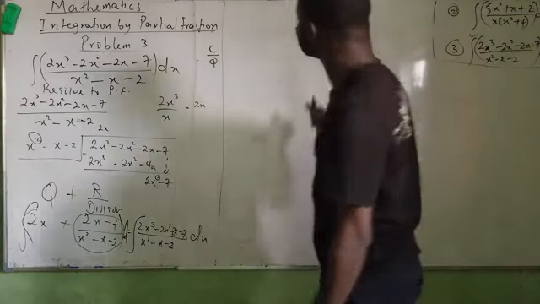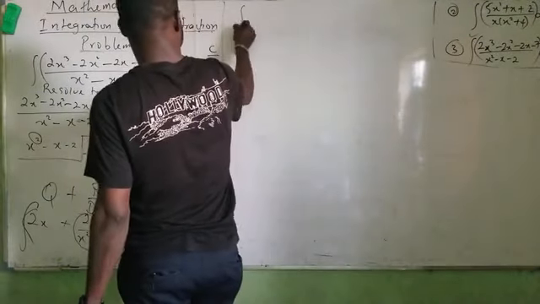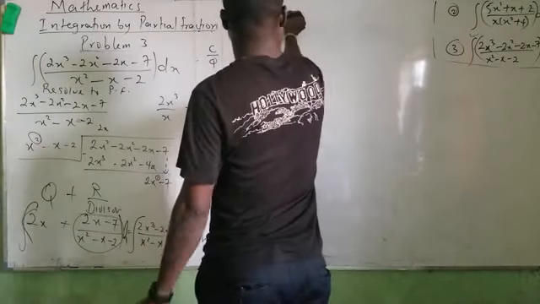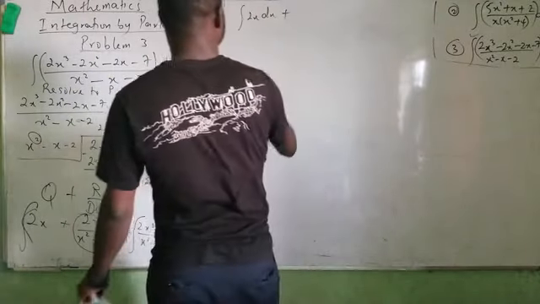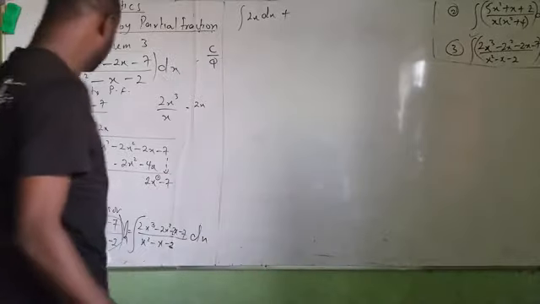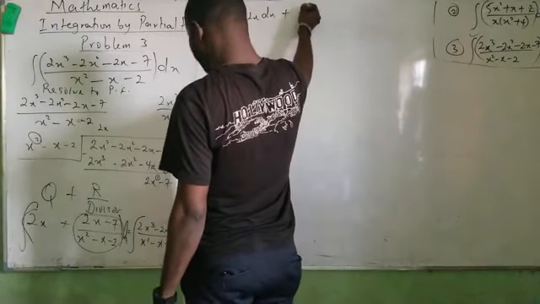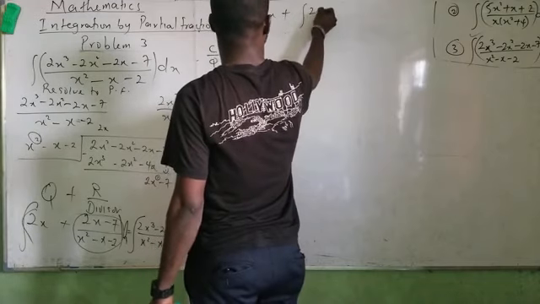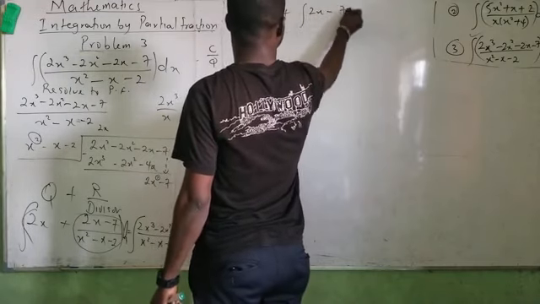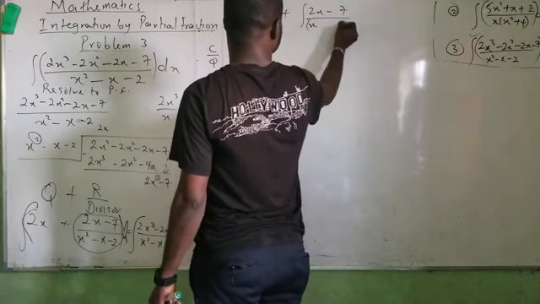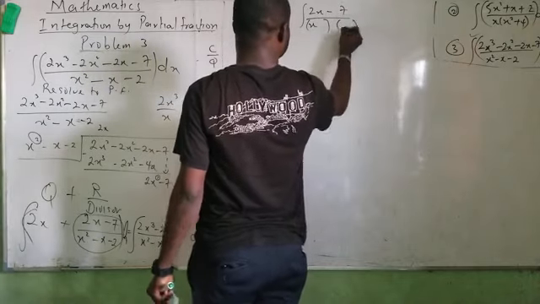Since I have that, I can now continue by having the integral of 2x dx, plus the integral of (2x − 7) divided by (x² − x − 2). Here, there's no way I can do this directly, so I must resolve it to partial fractions.